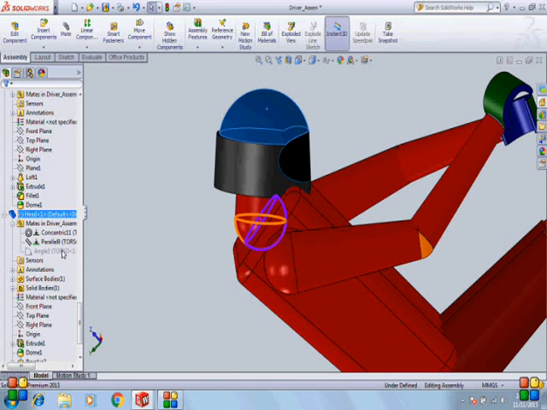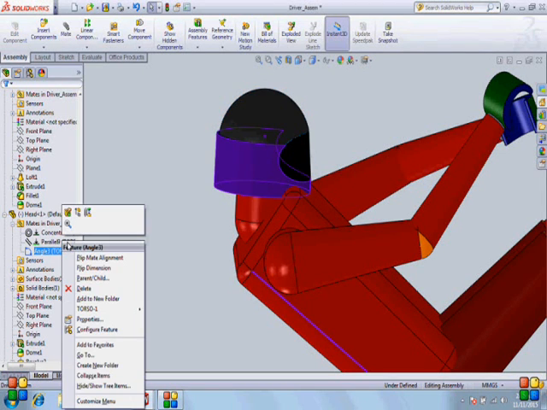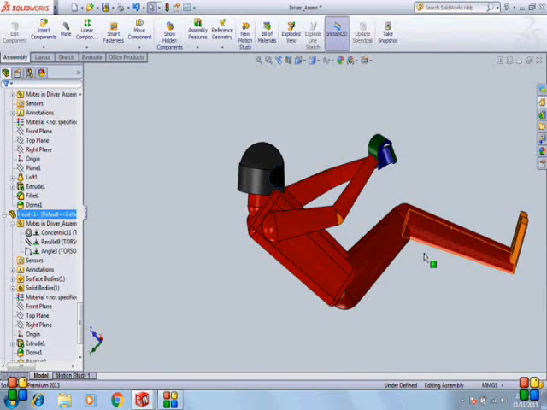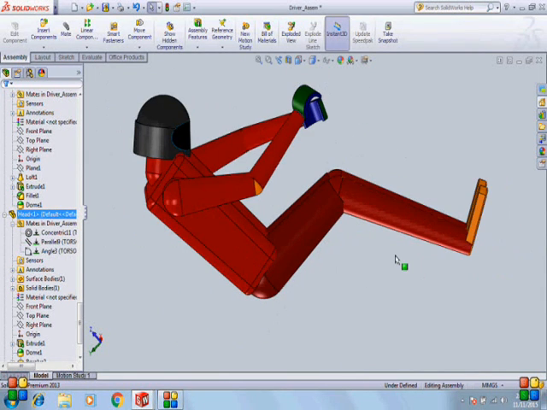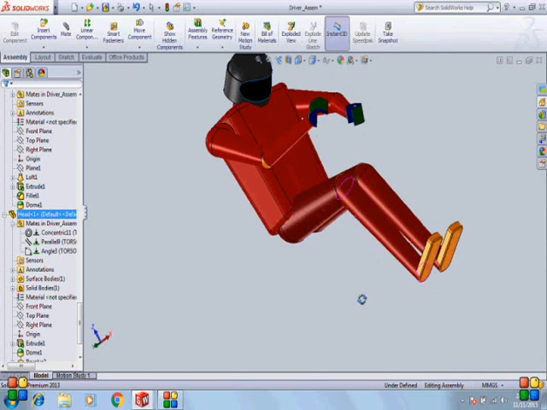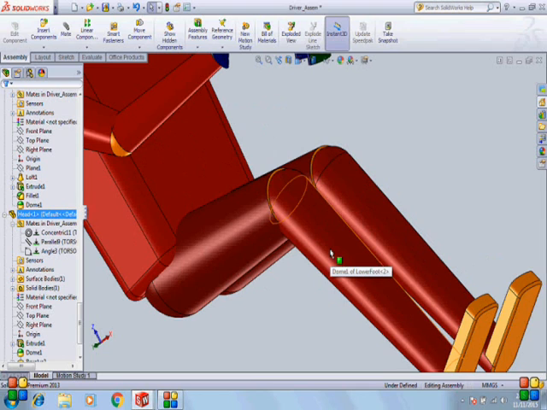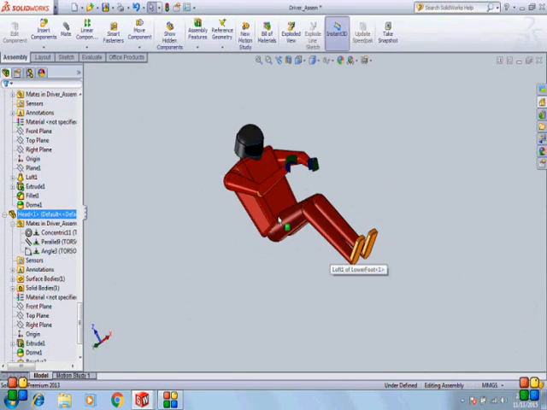So you are covering the entire degree of freedom that is available with your body, and you have created a driver that you can simply place in your car. It'll satisfy all the requirements of a driver, of any percentile driver that is needed as per the regulations or as per aesthetic requirements of your CAD model.